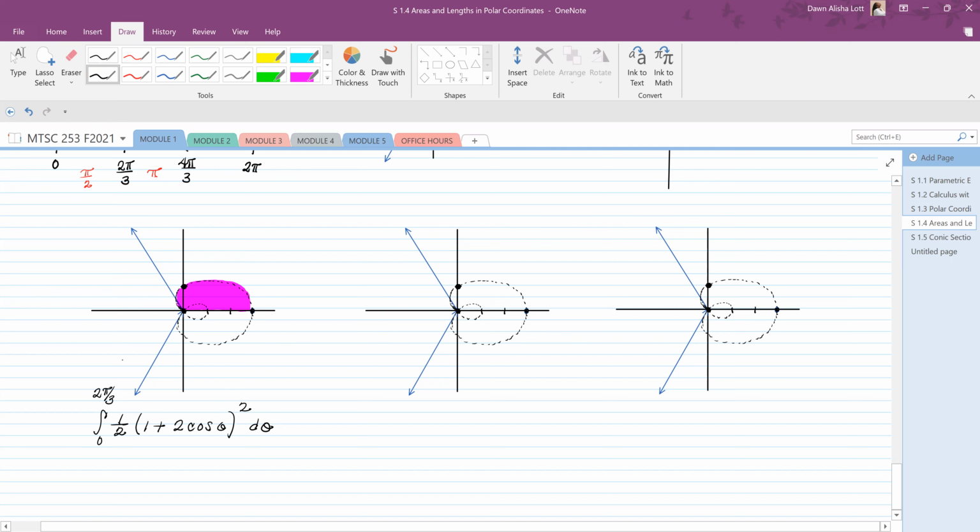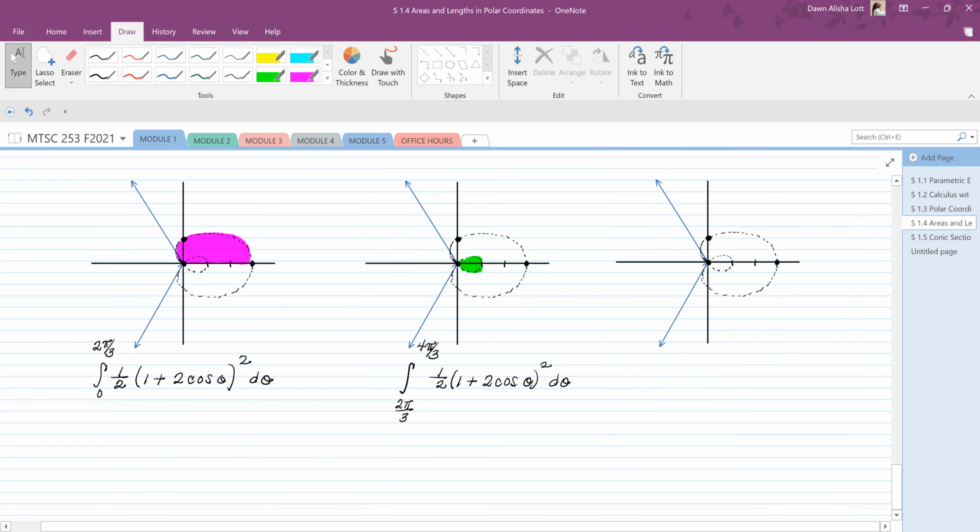Now, if I do the integral between 2 pi over 3 and 4 pi over 3 of 1/2 (1 plus 2 cosine of theta) squared d theta, I'm going to get the whole inside of this.